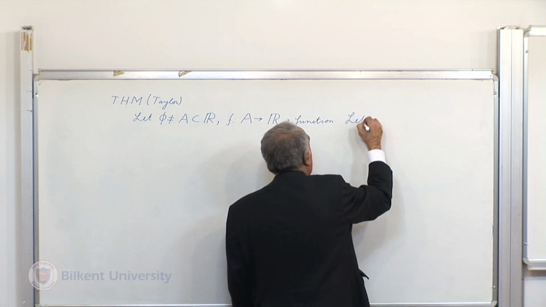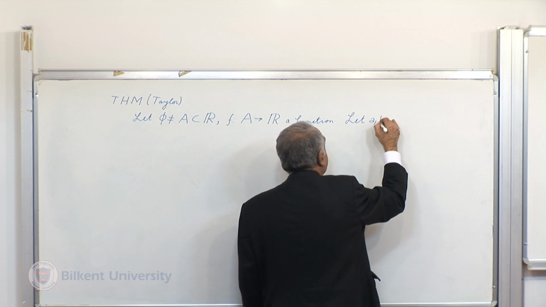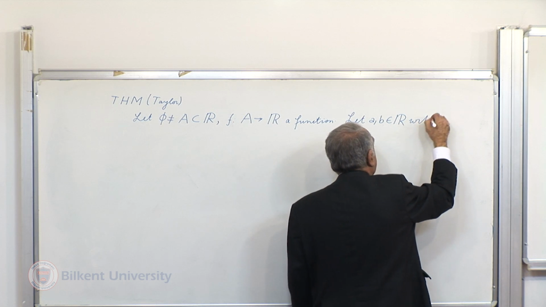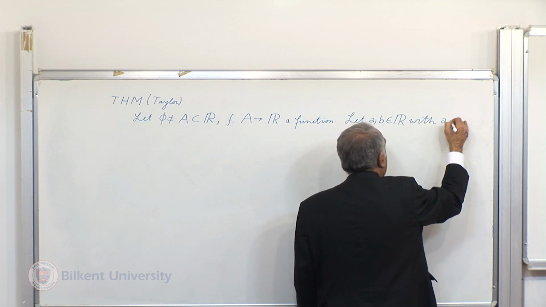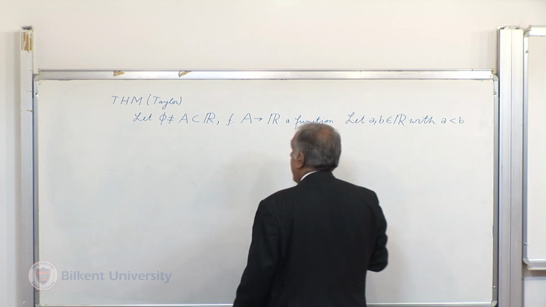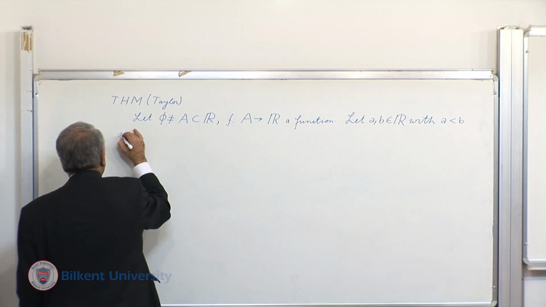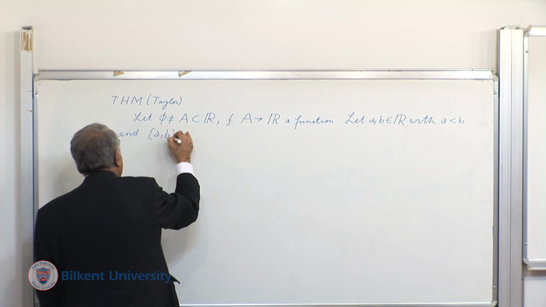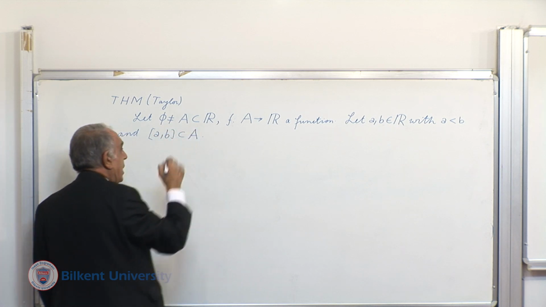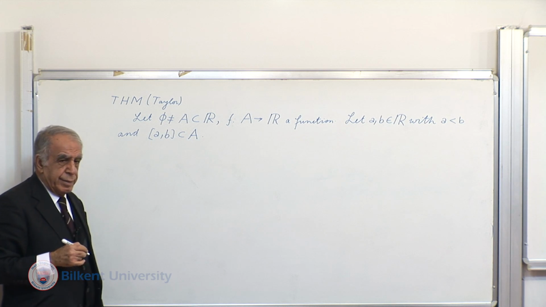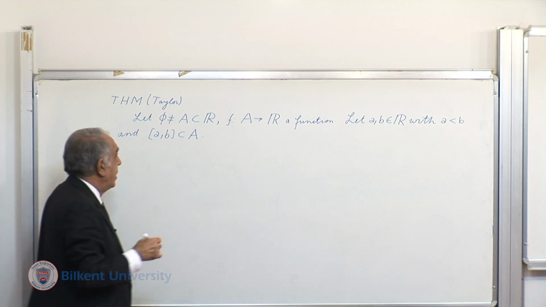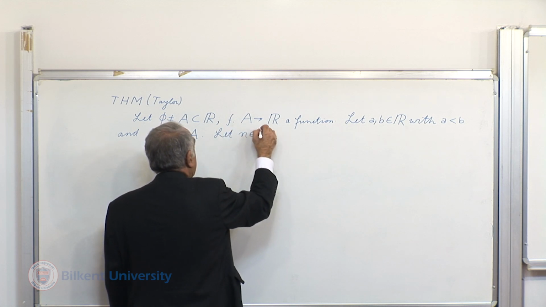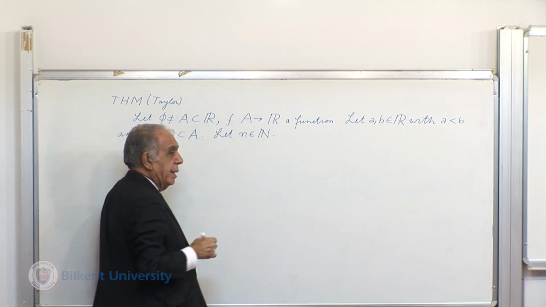Now we take 2 points, such that a is less than b, and this interval is entirely contained in A. And we also take some n in N.